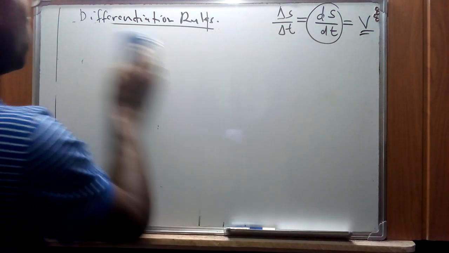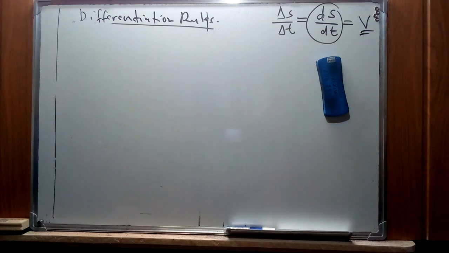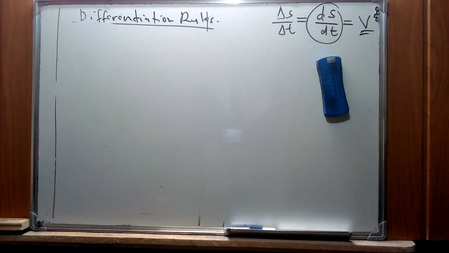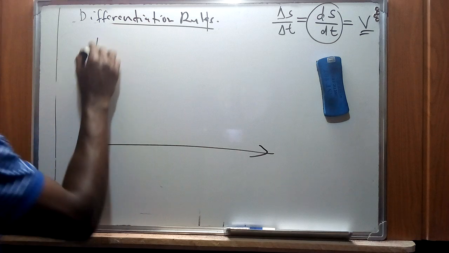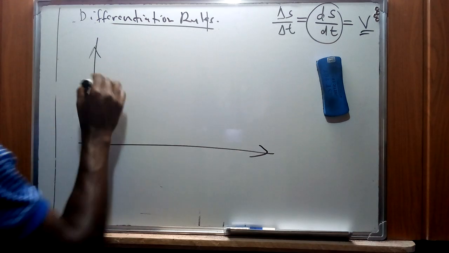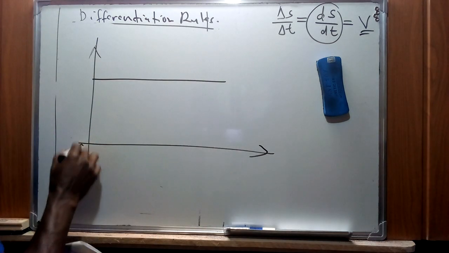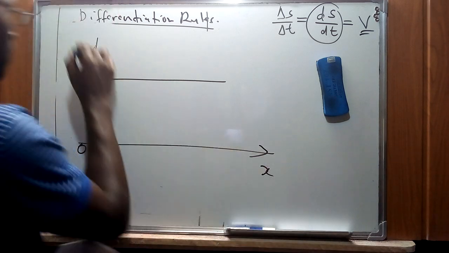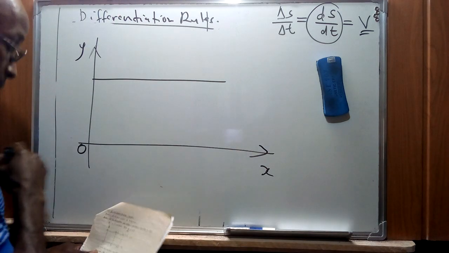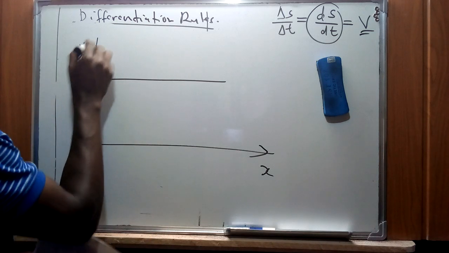I first go to the graphical representation, and then we will go into other details. So let's try to have a representation of this particular graph. This is point O, this is the x and y intercept axis, and this is a function.